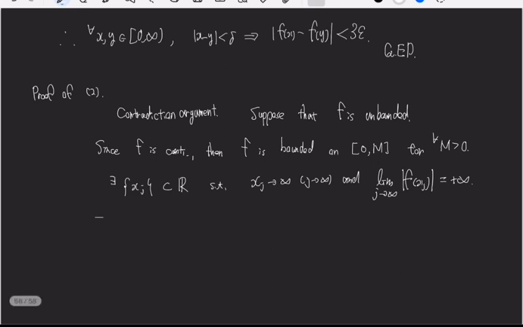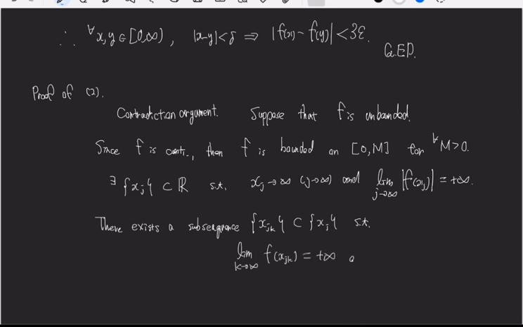Considering the positive part or negative part of f(x_j), we can choose a subsequence x_{j_k} of x_j such that the limit as k goes to infinity of f(x_{j_k}) is plus infinity, or the limit of f(x_{j_k}) is minus infinity.